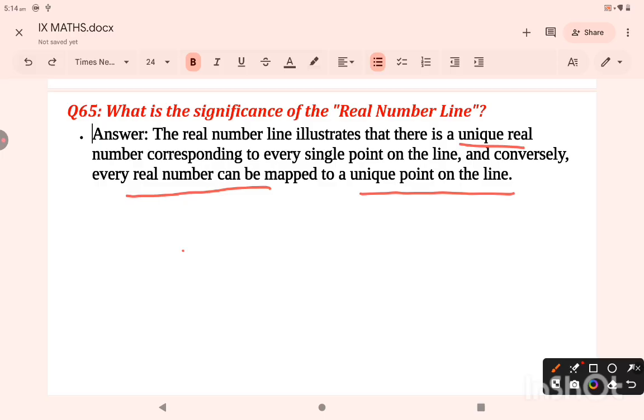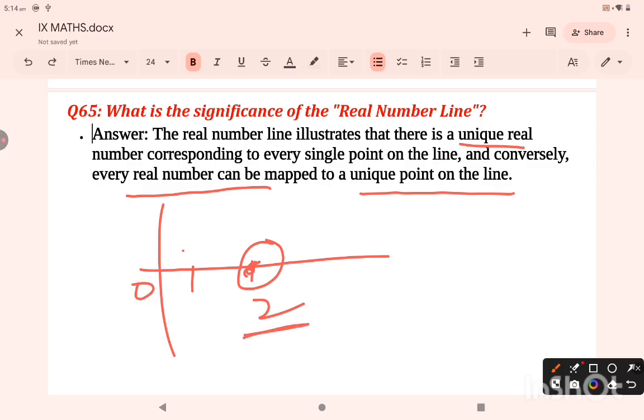Now, when we are representing the real numbers on the number line, suppose we represent 2 on the number line. Here 0, 1, 2. This point is represented as 2 on the number line.